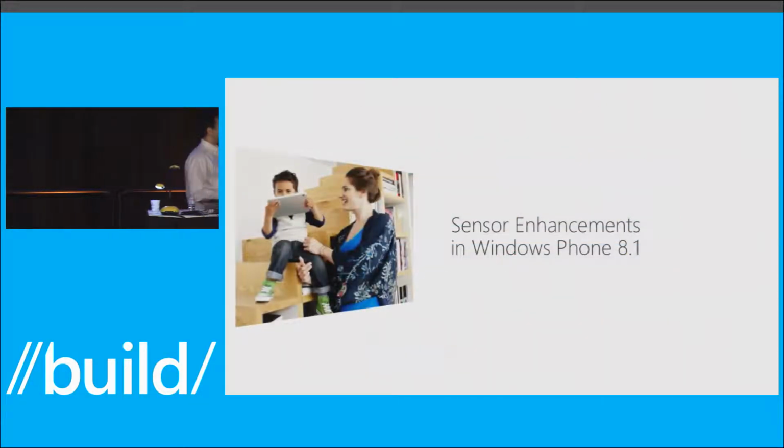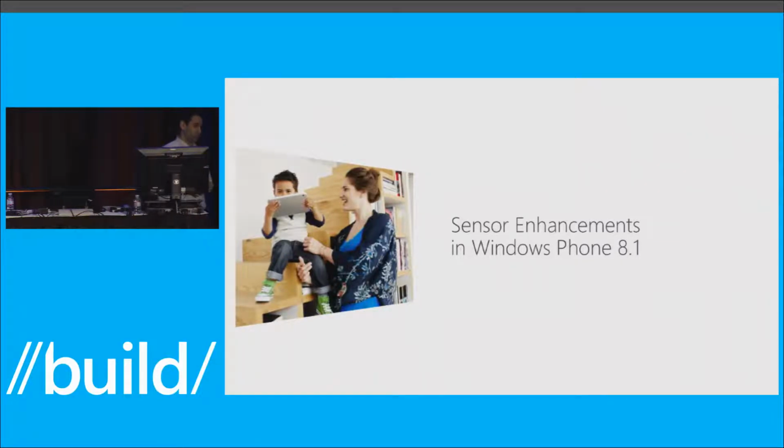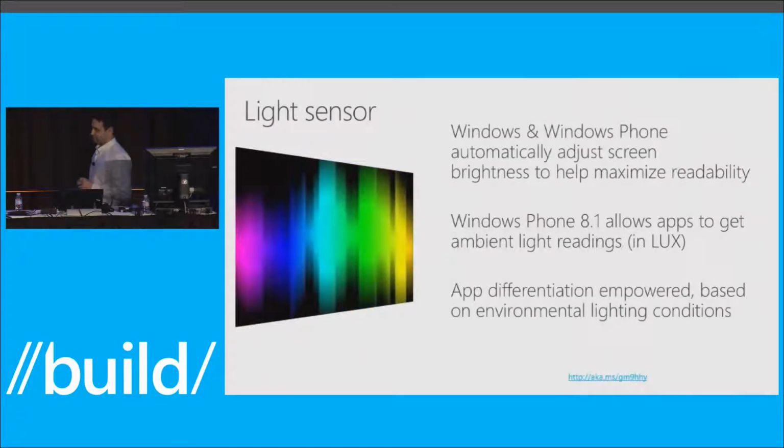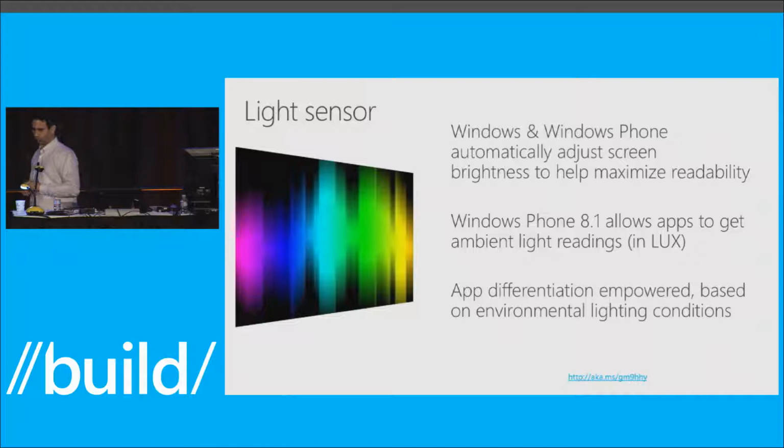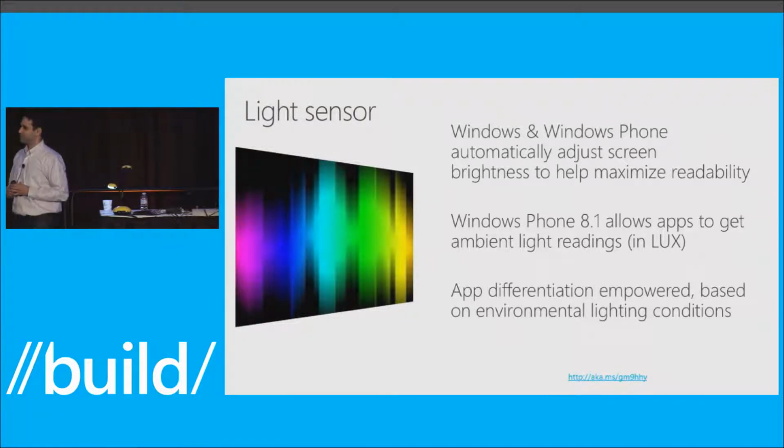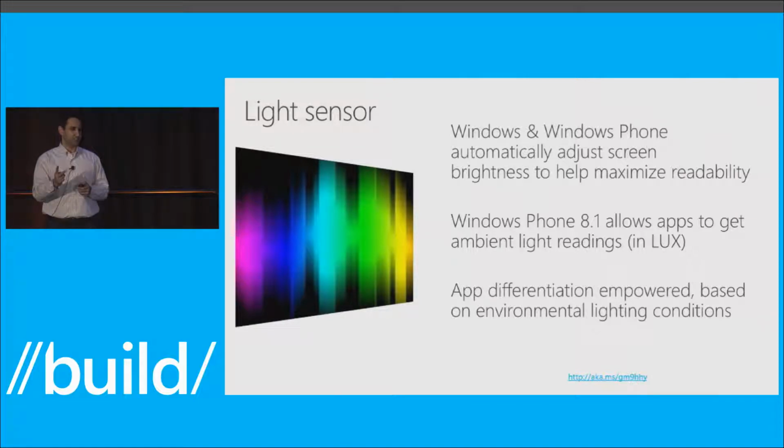So as we move forward, what are the key fundamental differences in Windows Phone 8.1 with respect to sensors? And I'll start with some of the basic things. The light sensor. Everyone thinks of this as a very basic form of sensor, but it's meant to achieve two very distinct things. Number one is it's meant to improve readability.